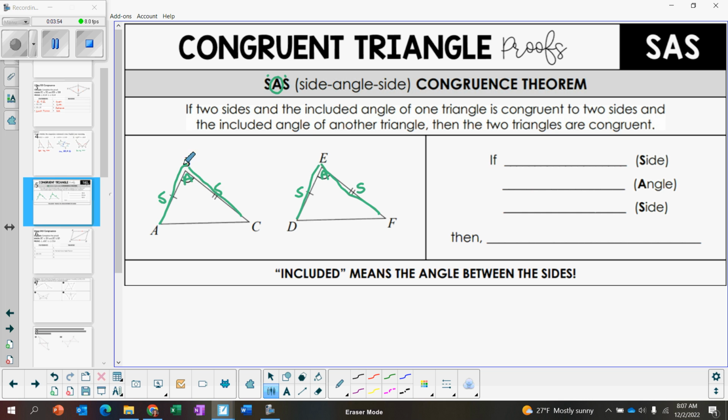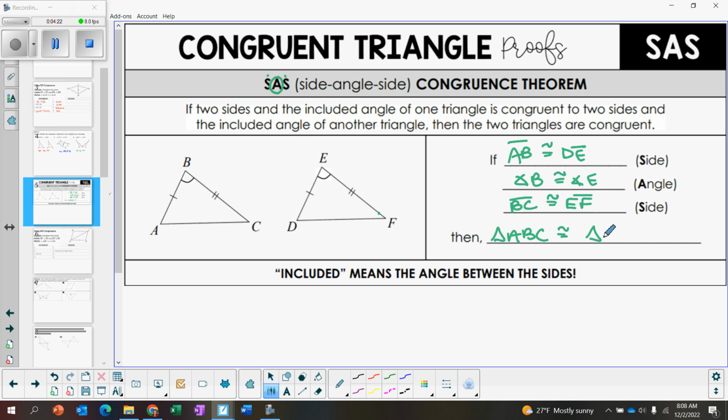So if we knew AB is congruent to DB, and angle B is angle B, and I knew BC is congruent to BF, now I could say that triangle ABC is congruent to triangle DBF.